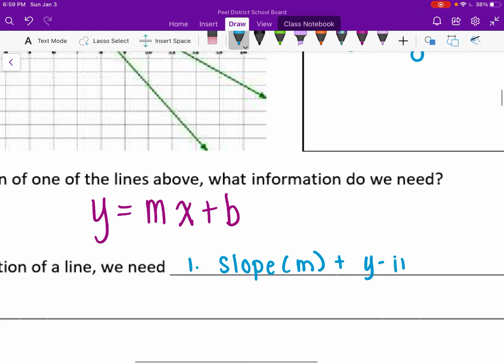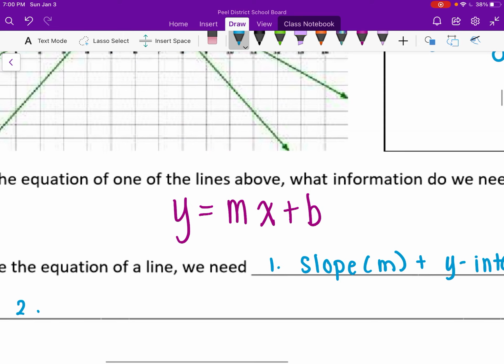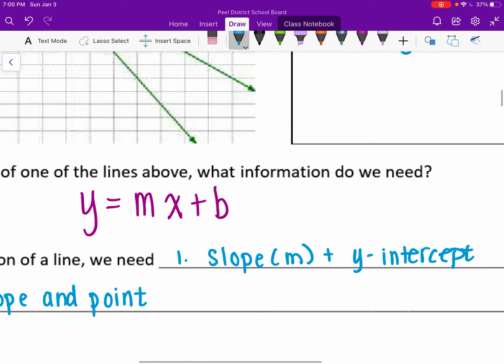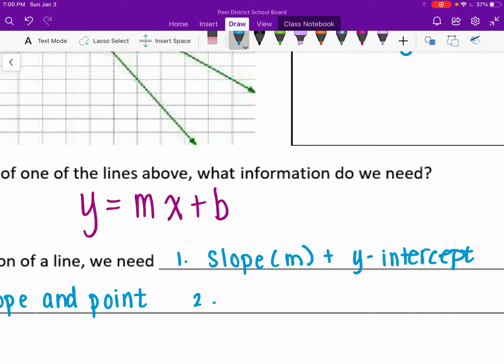So if you knew what the slope was and you knew what the y-intercept was, you could just plug that stuff in, right? Or you need to know the slope and some point on the graph, and we're going to talk about how to find the y-intercept if you have a point on the graph. Or you need the slope and 2 separate points on the graph. And again, we'll talk about how to do that in this lesson today.